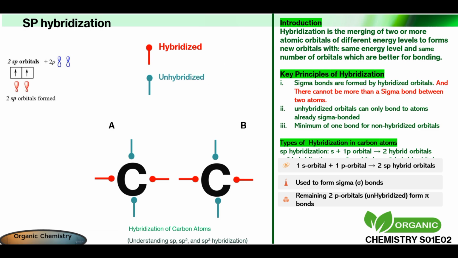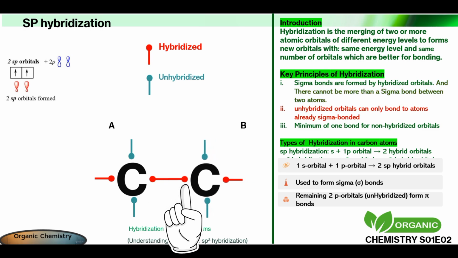Remember we said that between two atoms like carbon A and carbon B, we cannot have more than one sigma bond. And that sigma bond comes from two orbitals of two atoms. Look at this. This one unpaired electron from the hybridized orbital will bond with one unpaired electron of the hybridized orbital of carbon B. So first of all, there's combination between carbon and carbon.